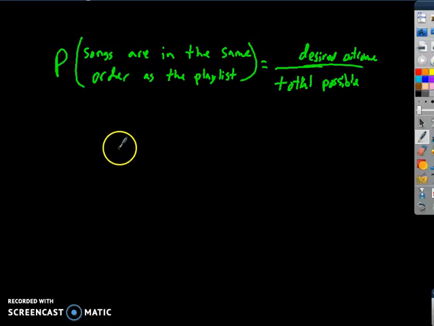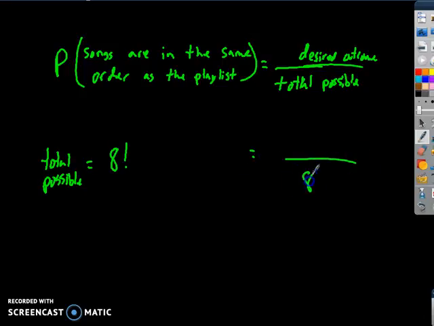How many ways can you rearrange 8 songs? That's 8 factorial. So it should be 8 factorial on the bottom. And my desired outcome is 1. There's only one way I can get that order, which is to match the same order.